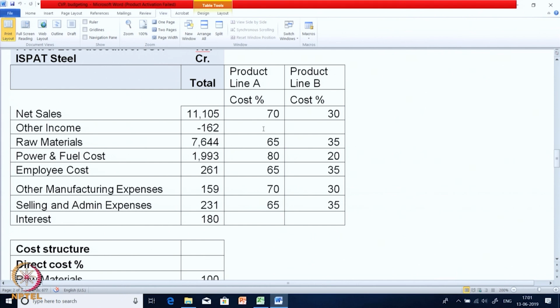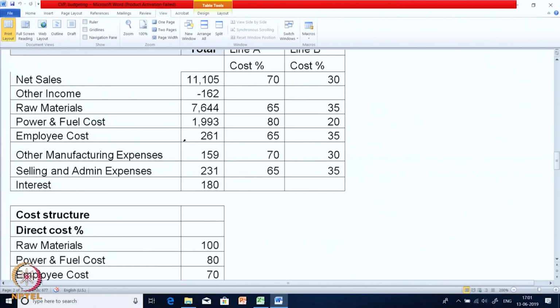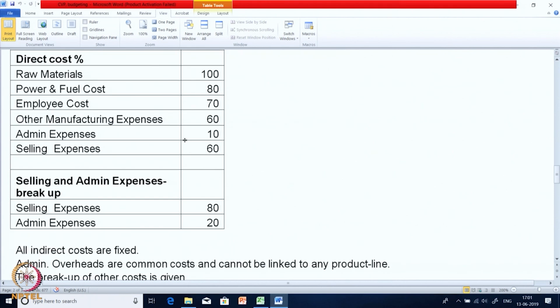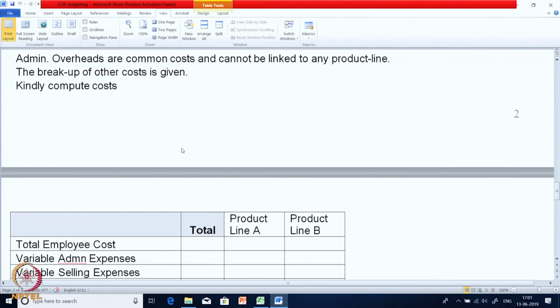Take the sales of each line, calculate the variable cost for that line and separate it into A and B. From only the variable cost you will get contribution. From contribution reduce the fixed cost, and that will give you profit. Please calculate along with me.